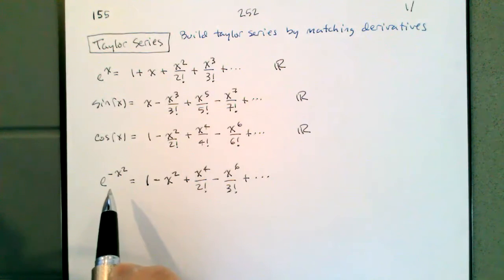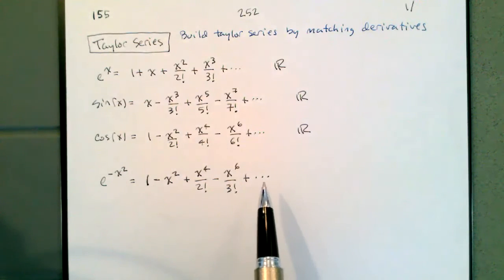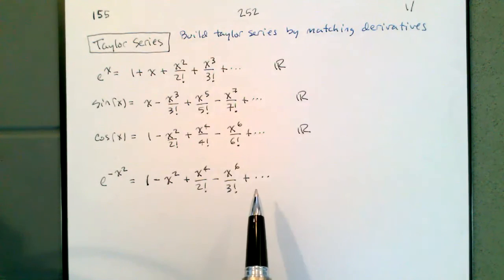The way I phrased it was that e to the minus x squared does not have a nice antiderivative. That is, we can't express the antiderivative of e to the minus x squared as a finite combination of elementary functions. But if we allow ourselves an infinite combination, we can use elementary functions.